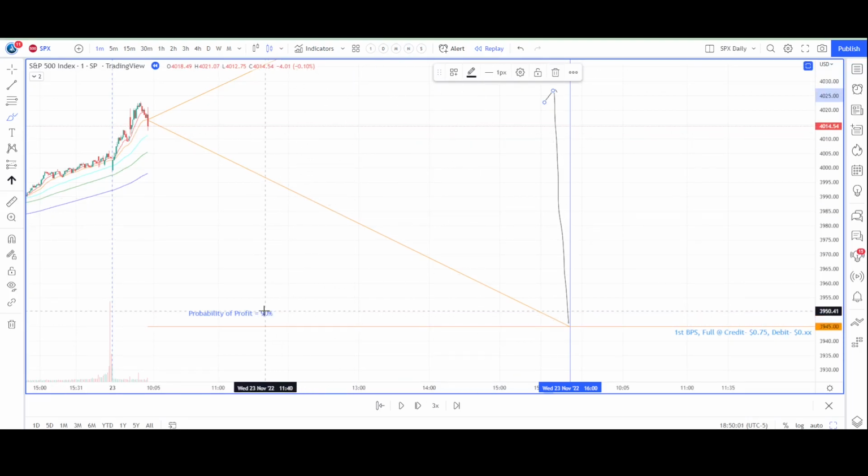If we started off with 90%, by entering a hard stop, our effective probability of profit is now roughly around 80%. And without a hard stop, our range of profit goes from here all the way to infinity on this bull put spread. But by entering a hard stop, our range of profit might be from here to infinity. I'm going to try to draw an arrow here.